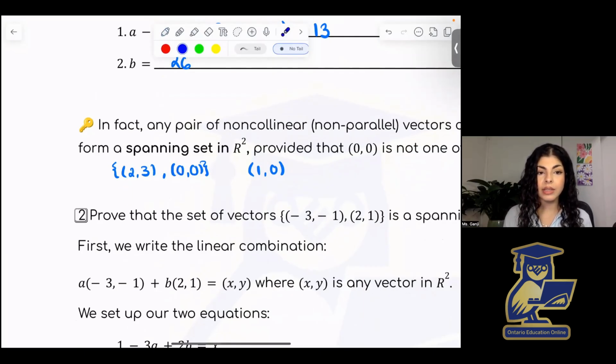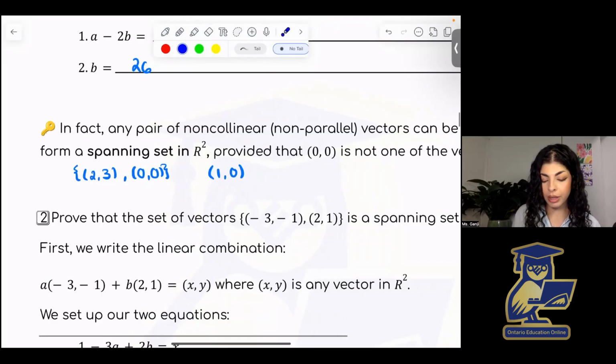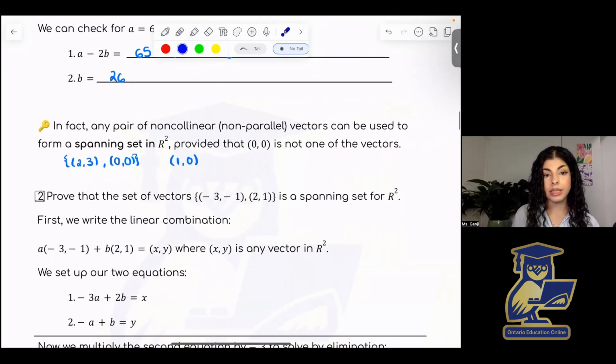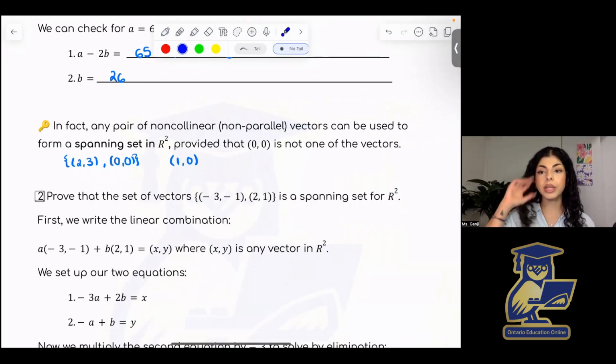So really, your set is just 2, 3, and from 2, 3, you're not able to get to 1, 0. So then it is not a spanning set because this one isn't really contributing anything. So really, you only have one vector in that set. So it's very important that they have to be non-zero and non-parallel vectors. And this one I already showed you, if they're parallel vectors, how that will look like and why we can't have a spanning set that way either.